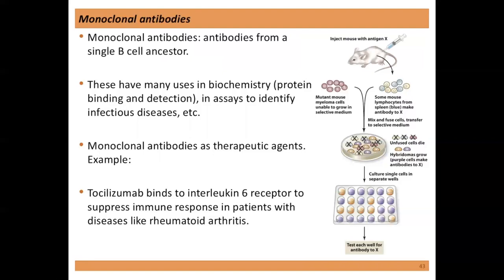So they're actually these antibodies that tend to bind specific targets. So in this case here, this will bind interleukin-6 receptors to suppress the immune response in patients with diseases like rheumatoid arthritis. So you'll actually take an antibody, it binds a specific protein and shuts down a disease pathway.